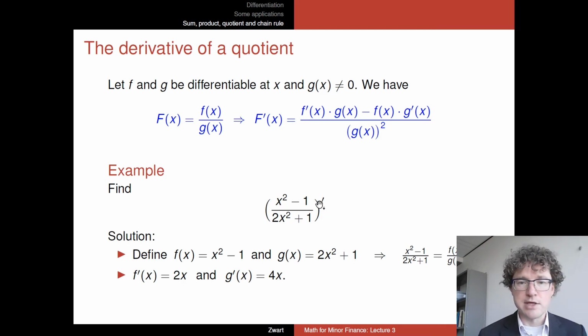So we're going to look at this particular example, which is the quotient of the function f, x squared minus 1, divided by a function g, which is 2x squared plus 1. And we're going to use the quotient rule on that particular expression. So let's have a look again at the paper.